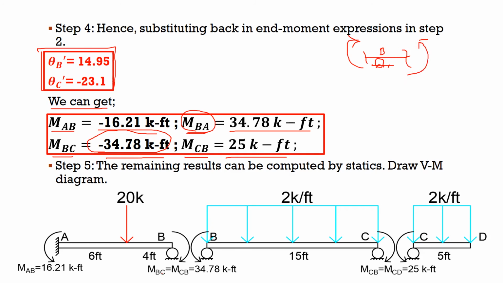So, muna nitong concept guys na gidiscuss sa step 4 kaganina na dapat ang moment sa isa ka joint is the same value, tama? Same value sila guys, same quantity, 34.78. But different in direction, kay positive man then ang isa negative.